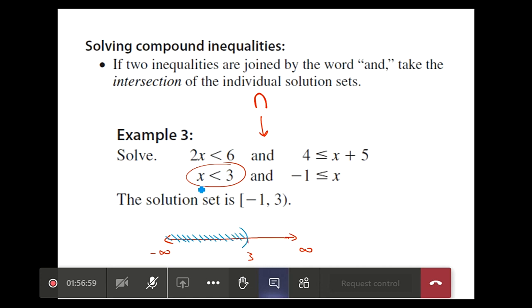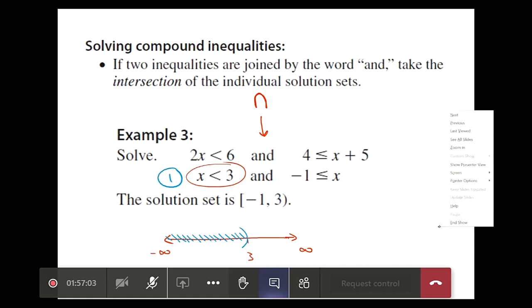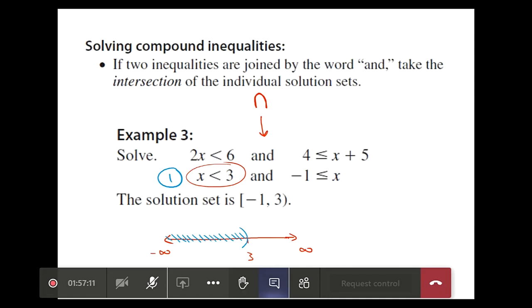Okay, this is the first one. The second one, this one, the second.